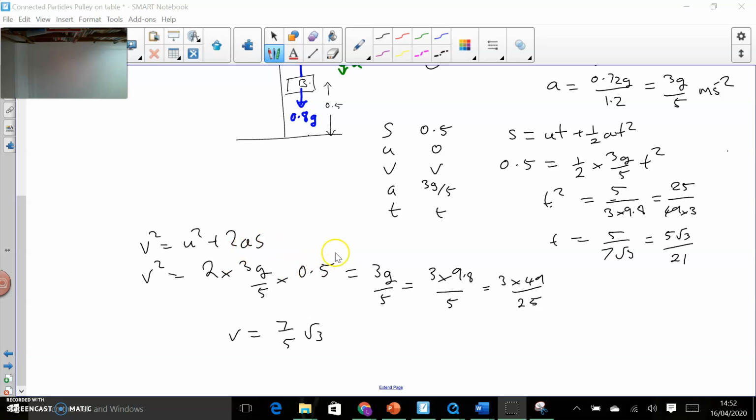That will give 3g over 5, since 2 times a half is 1. g is 9.8. 9.8 is 49 over 5, so that will make 49 over 5 times 3 over 5, 25. So v itself is the square root of that, 7 over 5 root 3 meters per second.